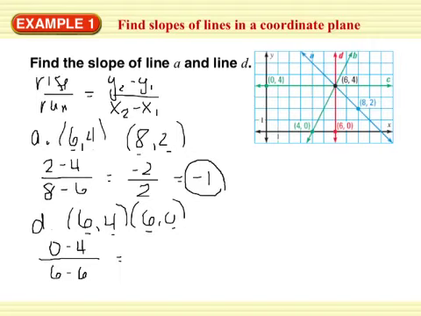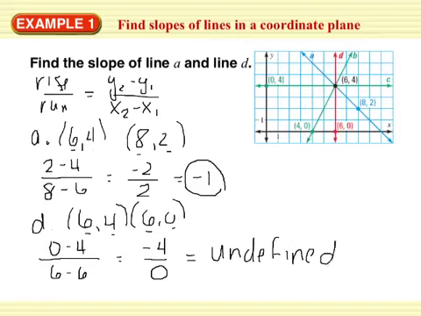That gives me 0 minus 4 is negative 4 over 0. I cannot divide by 0, so it is undefined. And if you remember the definition from the previous slide, you don't even need to do the subtraction because you learned that vertical lines are undefined.